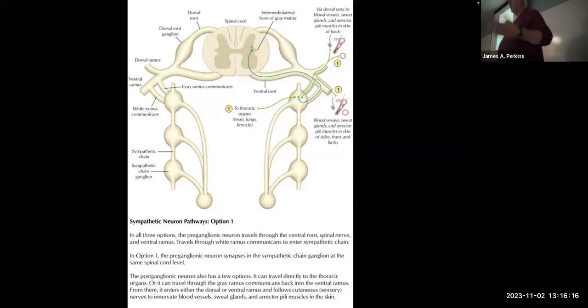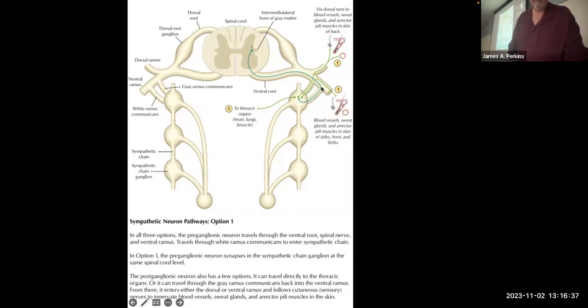But if you take a cross-section of it and you look at it under the microscope, it appears white because all of these preganglionic sympathetic neurons are myelinated. And the myelin sheaths appear white under the microscope. So that white ramus communicans is carrying all of the preganglionic sympathetic neuron axons from the ventral ramus of the spinal nerve into the sympathetic chain.